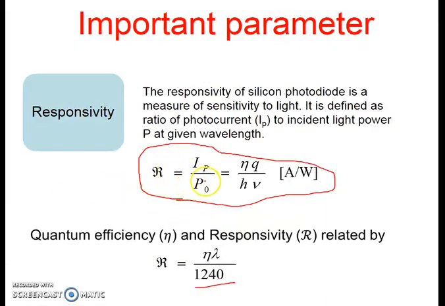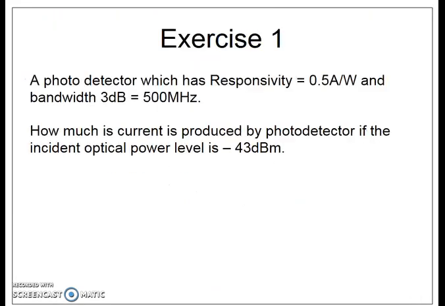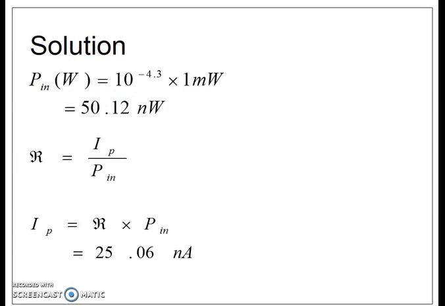Okay. We have this formula, R equals to IP over P naught, where we need to find IP, and we have R and we have P naught. So what we have to do is replace the values given in the formula. So we can easily find IP.